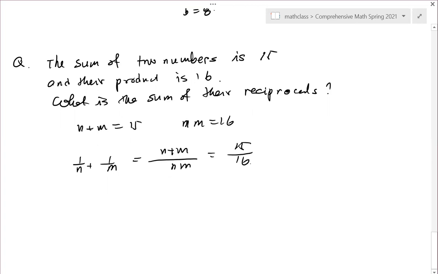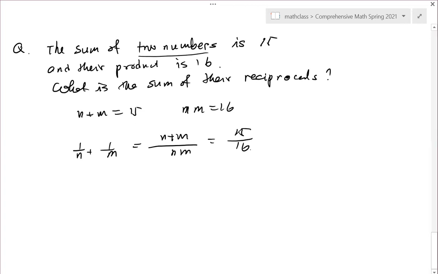But then this assumption is wrong: the sum of the two numbers is 15 and their product is 16. So are there solutions? Well, if you look at the problem carefully, it does not say the numbers must be integers. If the numbers are not necessarily integers, then such numbers exist.